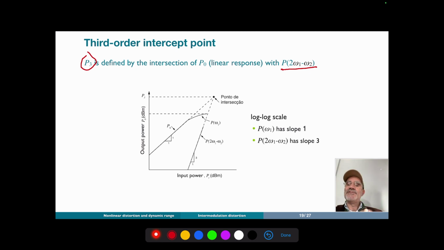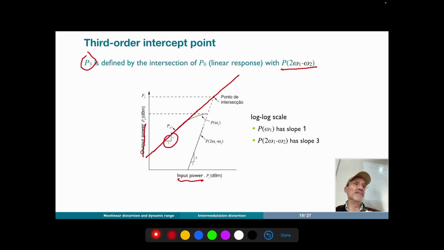Okay, so we've seen that in a plot of output power over input power, the ideal linear case is this curve which has a slope of 1.